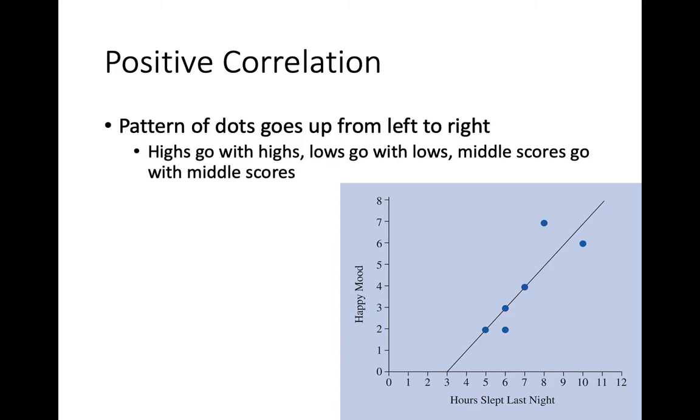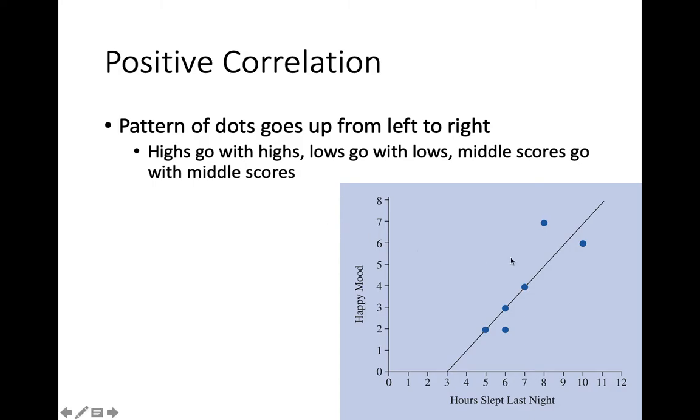So we can see that the pattern of dots goes up from left to right. And so we can also express a positive correlation as indicating that high scores on one variable tend to go with high scores on the other variable. Similarly, low scores on one variable go with low scores on the other, and middle scores go with middle scores.